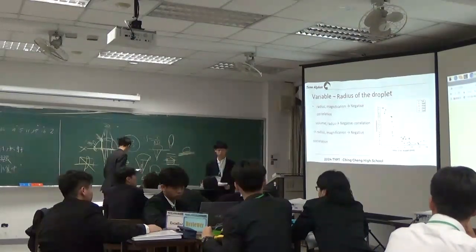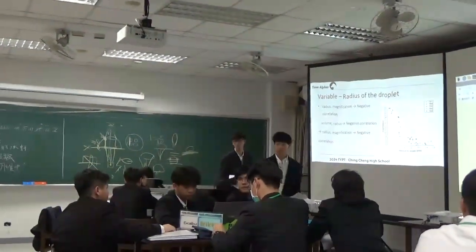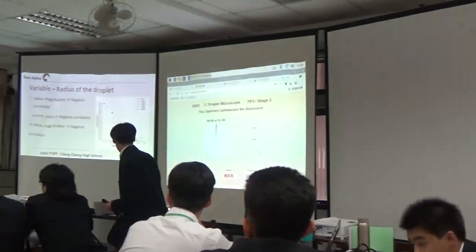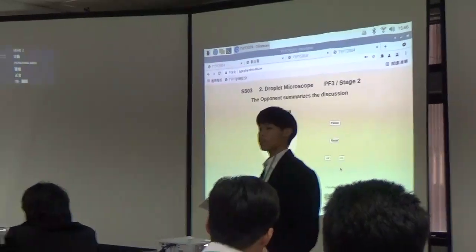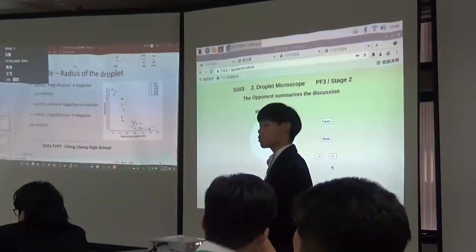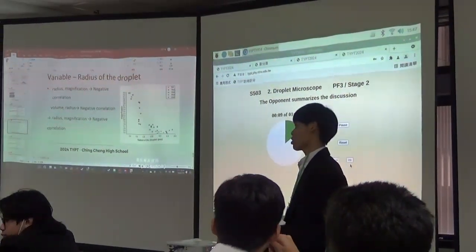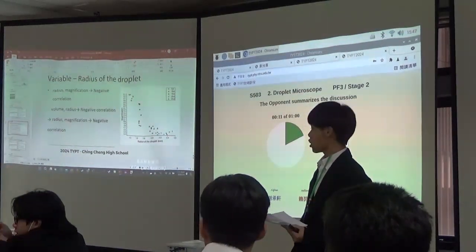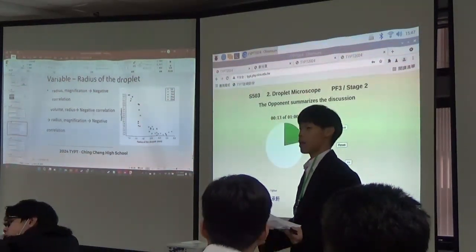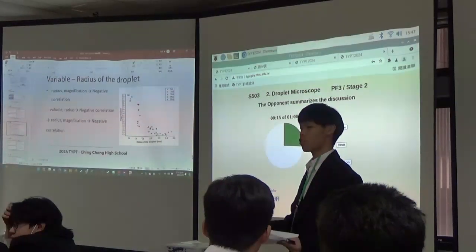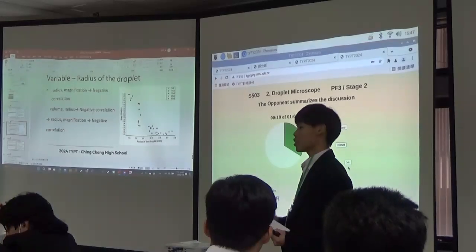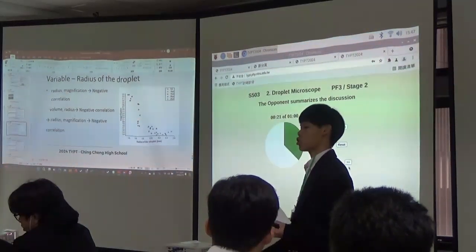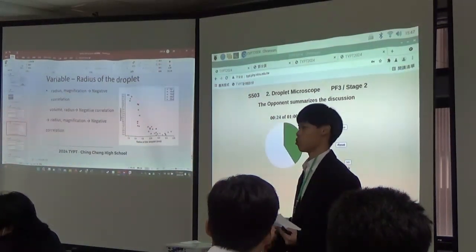Okay, thank you. Go on with the summary of your discussion. We first talked about the shape of the droplets, and the reporter considered it to be a sphere. We also talked about the lower part of the droplet, which occurs when the droplet is at lower volumes, but they didn't think that would affect much of the magnification and resolution, so they didn't take that into consideration.